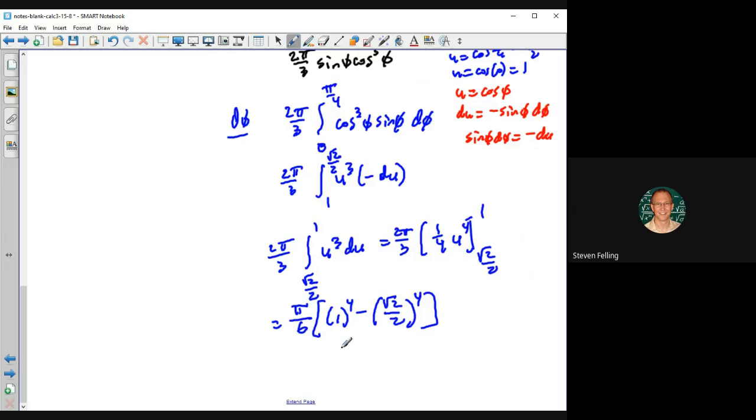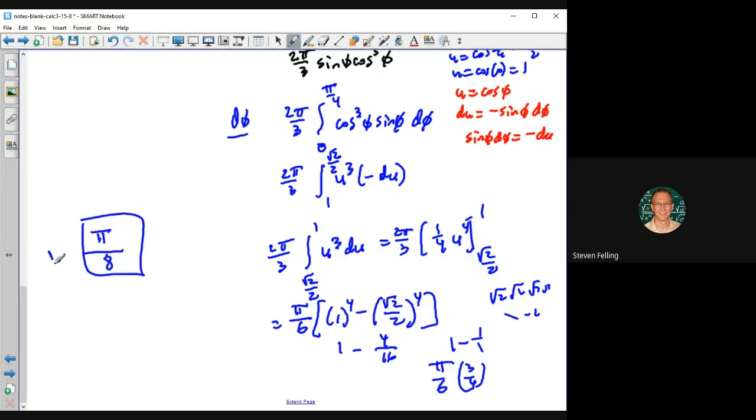So the numerator is square root of 2 to the 4th, which is 2 times 2 is 4, and the denominator is 2 to the 4th, which is 16. So this is going to be 1 minus a fourth, or 3/4, times pi over 6. So the final answer is pi over 8. The volume is pi over 8.